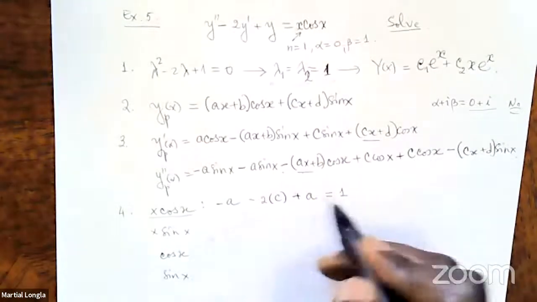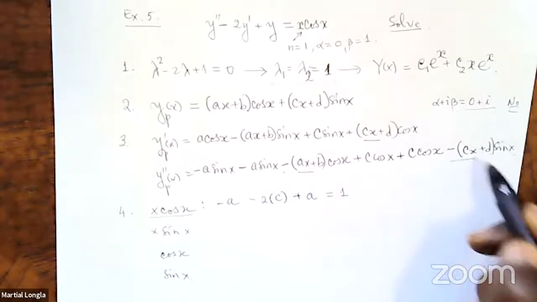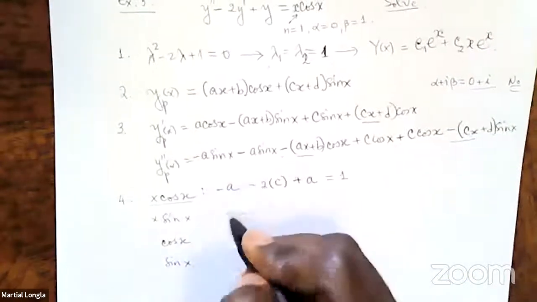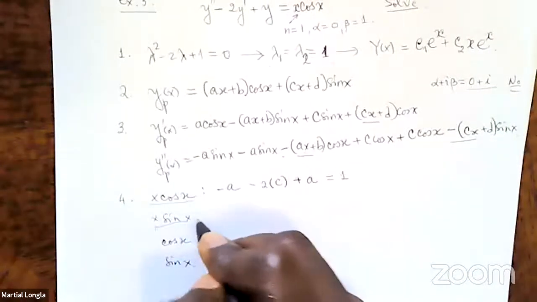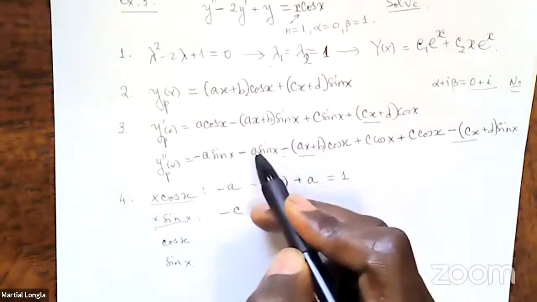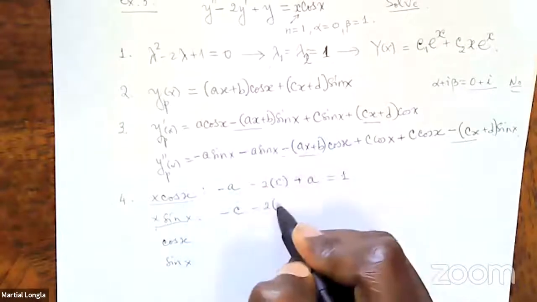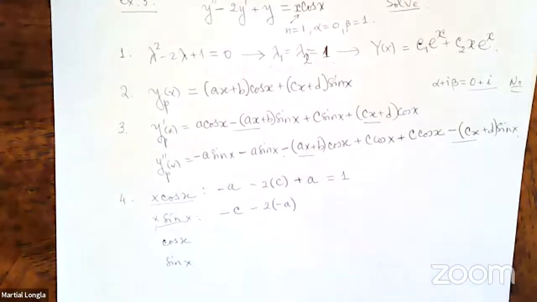Then you go for x sine, it's right here. Minus c. Then minus 2, you go to the first derivative. You look for x sine, that's it, minus a, and there's no other one.